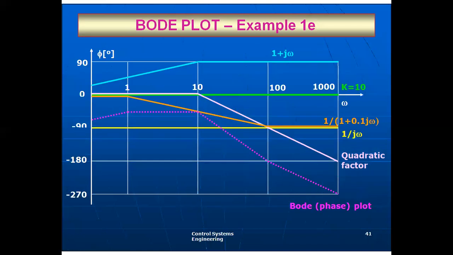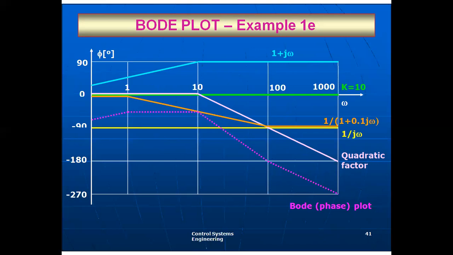And here, this is the phase plot. Here also, for each factor, find the phase angle, then add all the values, and you will get the phase angle plot. This dotted line denotes the phase angle plot. But actually, we do not draw the Bode plot in this manner.